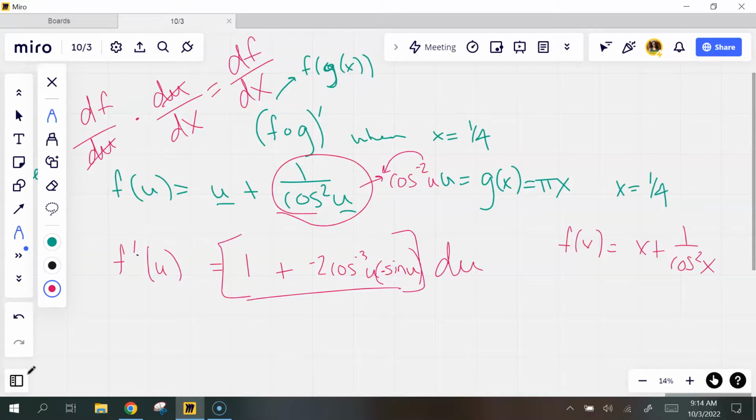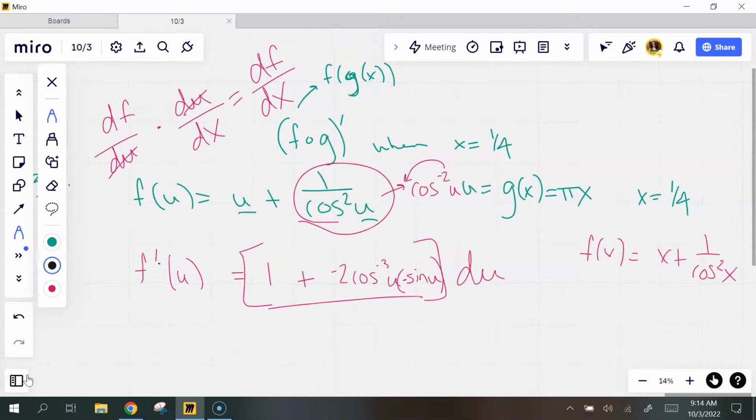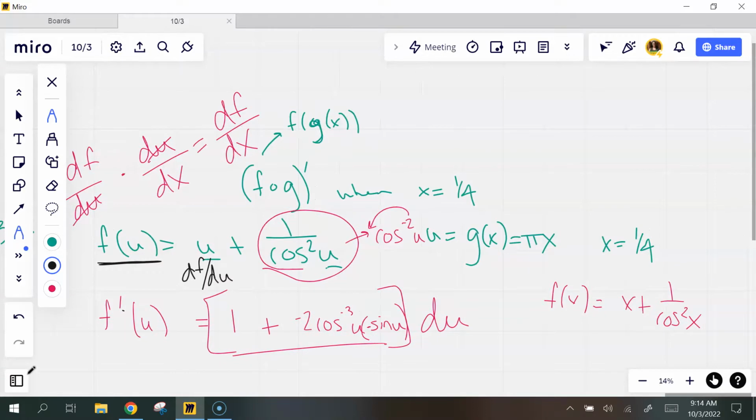Y'all, do you see what we're doing here though? I'm taking the derivative of f, but I'm not worrying about x's, right? So I'm doing the derivative of f with respect to u. That means if I have y equals when these are x variables in here, then y prime is the same thing as dy dx.